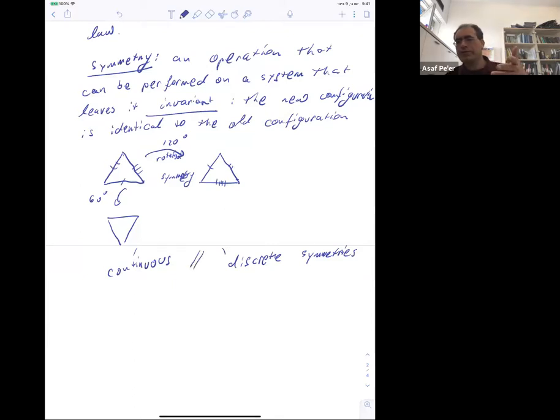Or I can do time reversal. I can take a movie of two billiard balls colliding and going in two different directions, and then I can play this movie backward in time. If it's just two billiard balls, you couldn't tell that I'm playing it backward in time.